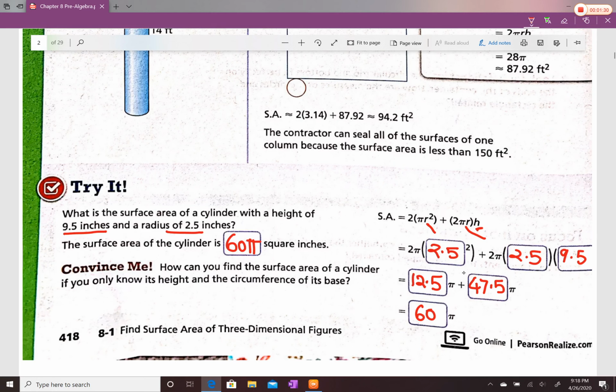So that is there. How can you find the surface area of a cylinder if you only know the height and the circumference of the base? You can write along with me.